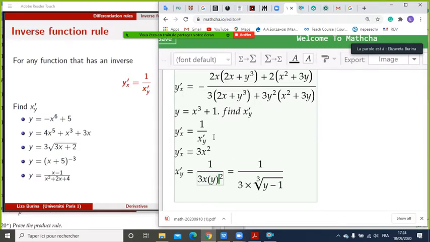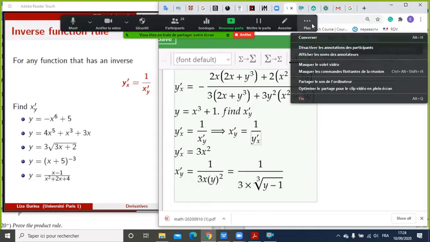Again, this formula works because it just works. That's how the inverse function derivatives work, and you can find a proof or don't bother. Then I just found the derivative of y over x. Then I know that from here the x prime y will be the same as a fraction 1 over y prime x.